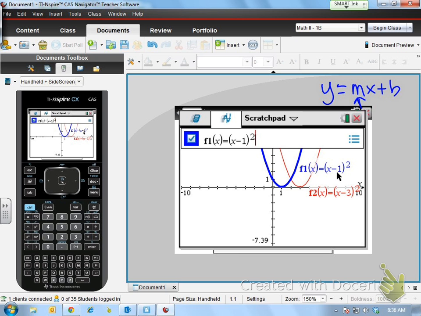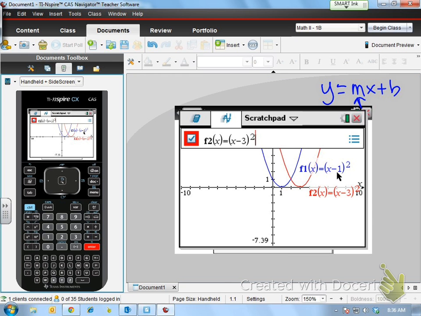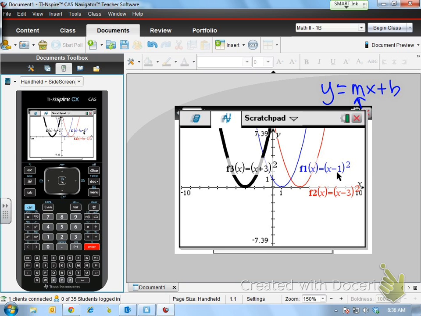Then we tried x plus 3 squared. So what direction did we slide that time? To the left. So, that number inside the parentheses moves our graph left and right.